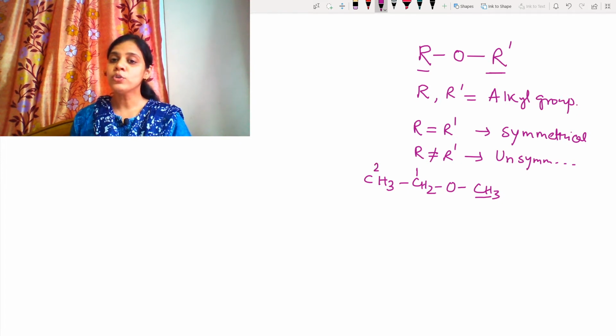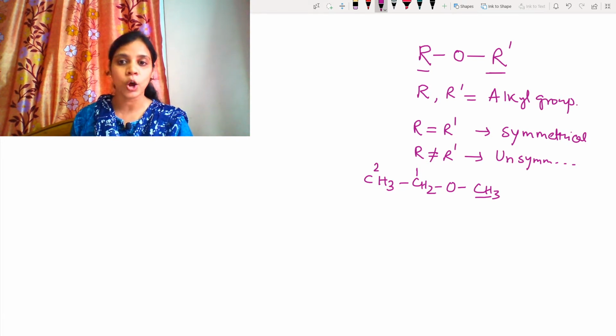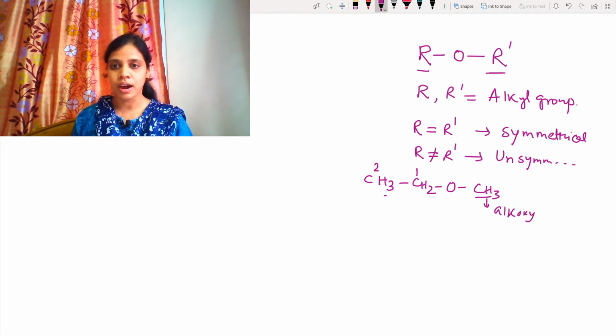The rule for naming ether is alkoxyalkane. The alkyl group with fewer carbons is called the alkoxy part, and the alkyl group with more carbons is called the alkane part. So here this part is alkoxy, and this part is alkane because the number of carbons is more.